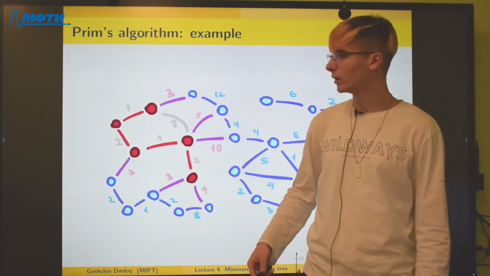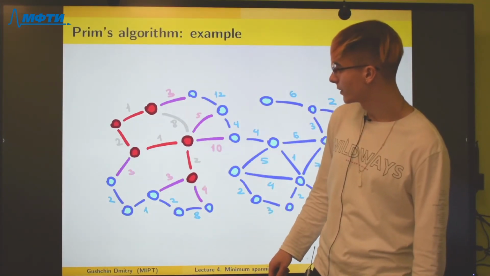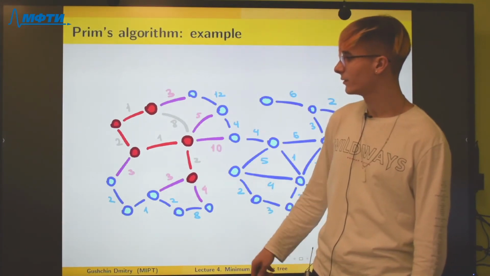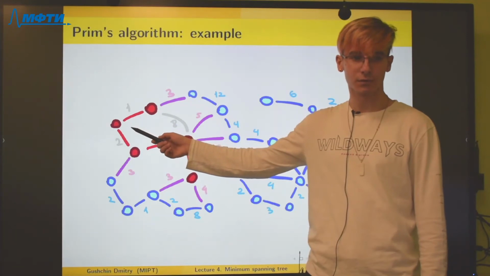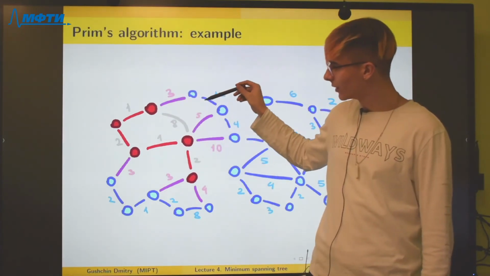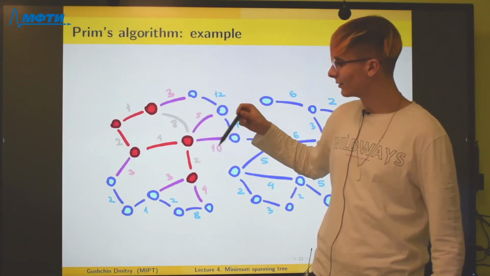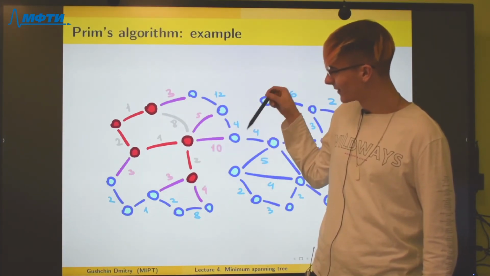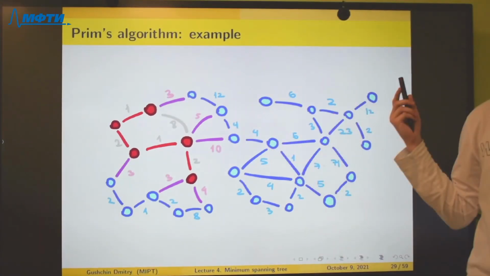So the minimal spanning tree that you get from the algorithm depends on the source vertex and on each step, if you have edges that have equal weights.